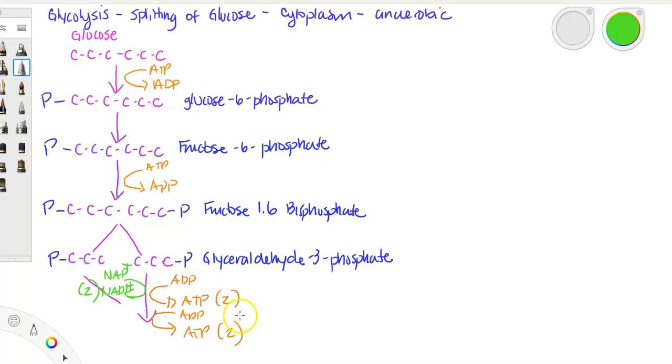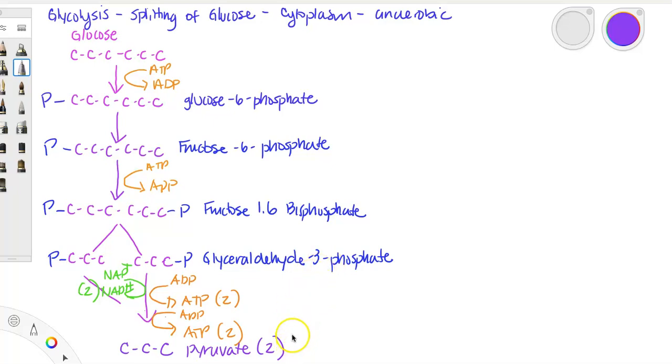Okay, and then in the end, what we end up with is pyruvate, which is a 3-carbon molecule. And we've got 2 of those. All right, so pyruvate is the important molecule here.